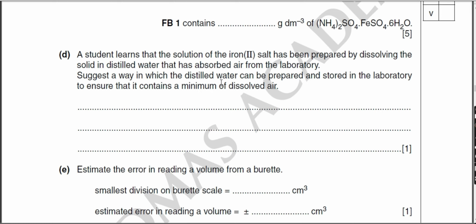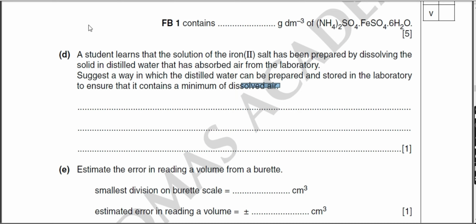Suggest a way in which the distilled water can be prepared and stored in the laboratory to ensure that it contains a minimum of dissolved air. So one of the best methods is to store the solution in a bottle or container that has no space between the lid and the liquid level.